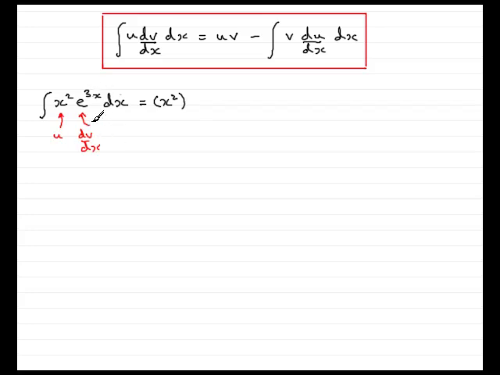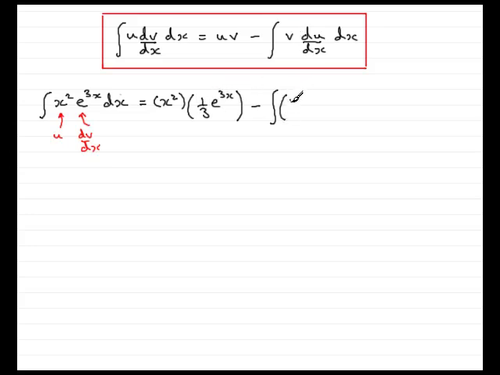So I need to integrate e to the 3x with respect to x, and that would be 1/3 e to the 3x. I make no attempt to simplify this term, just simply put the v part in the bracket. Why? Because all we've got to do is now just simply do minus the integral of v, which will be everything in this bracket.